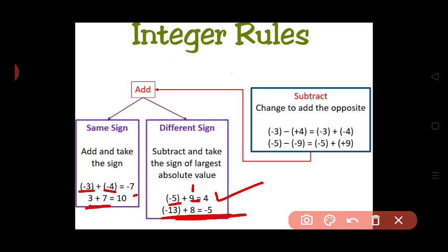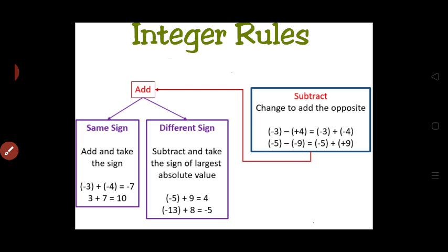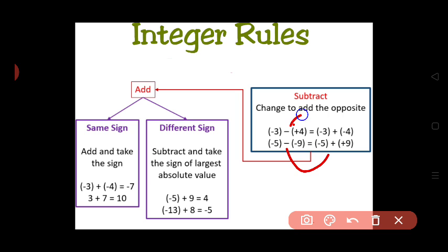In case of subtraction, we have to change it to an addition equation, so both symbols that are negative will convert into positive. See, in both cases negative is converted into positive.